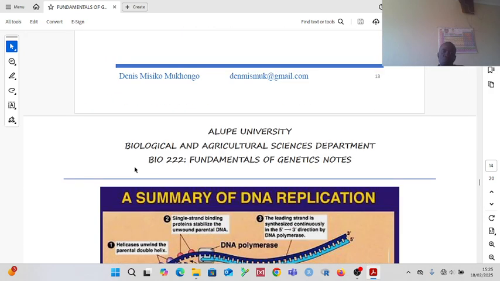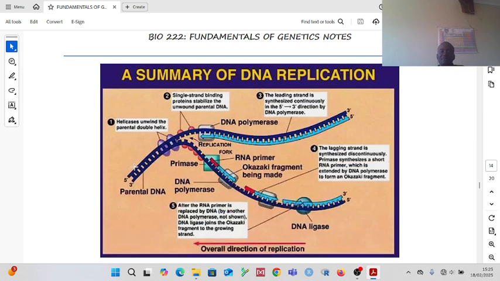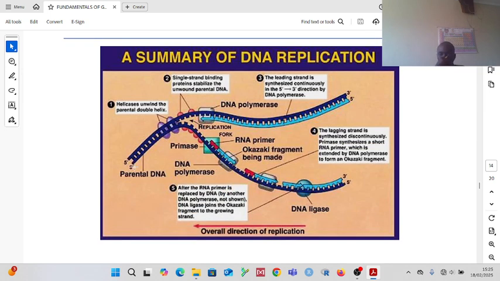So, on page 14, you have a summary of the DNA replication. Within that, you have the direction and you have the enzymes and what they are doing.